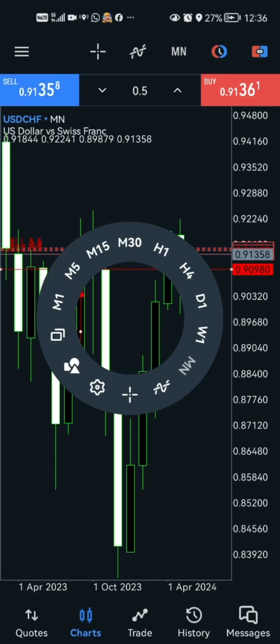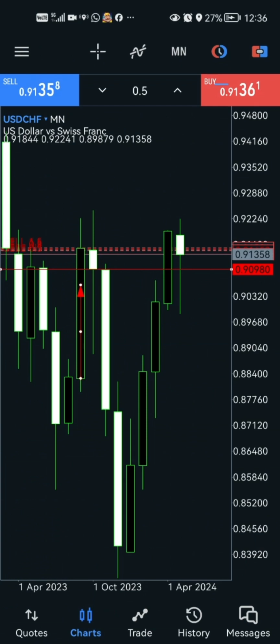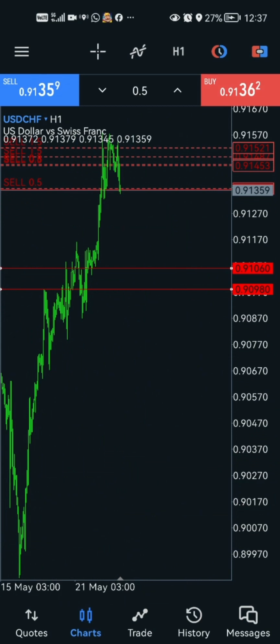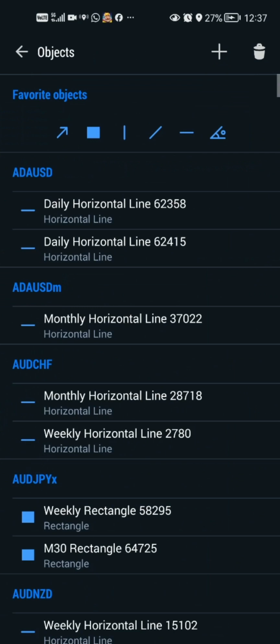So perhaps let's take note of both, since they're not at the same precise point. We zoom in, and there's the target. So between today and tomorrow, we should expect price to come down to this level here.